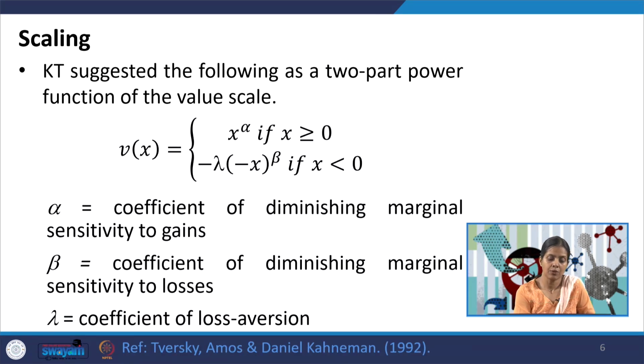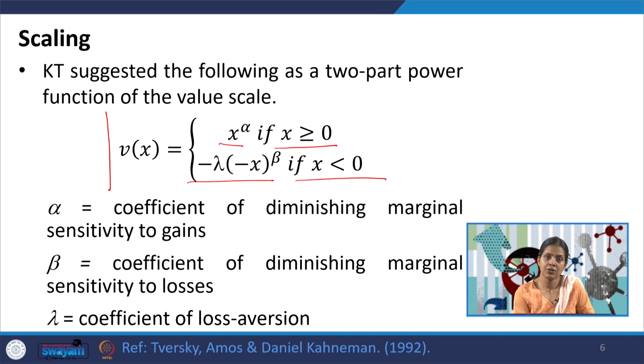This is how the value scale can be expressed, where x is the outcome, x raised to the power alpha for all positive outcomes, that is when x takes a value greater than or equal to 0, or we can say all non-negative outcomes, and when there are negative outcomes, the value function takes the form minus lambda into minus x raised to the power beta for all x less than 0.